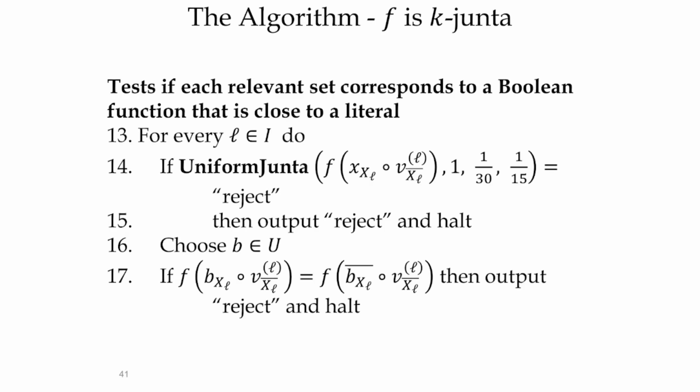So going into the third part now, we will also pass these two tests. In line 14, we'll get accept, and in line 17, we'll get accept because of how the function reacts.